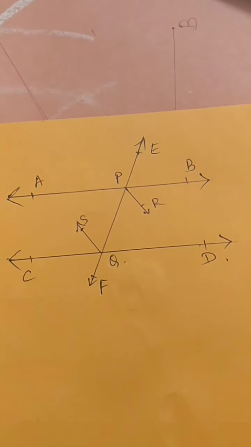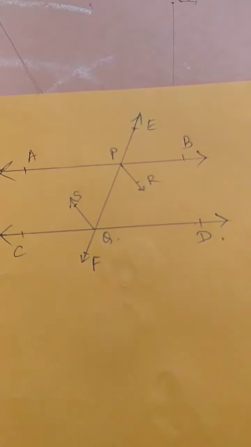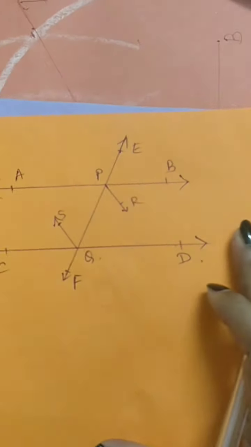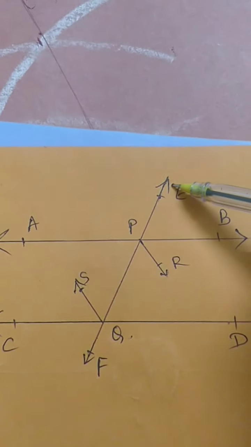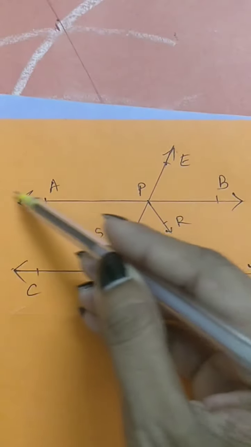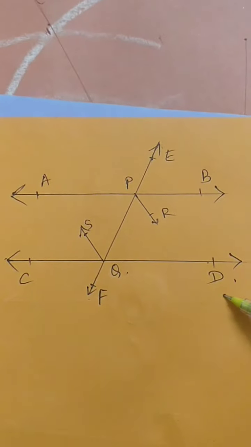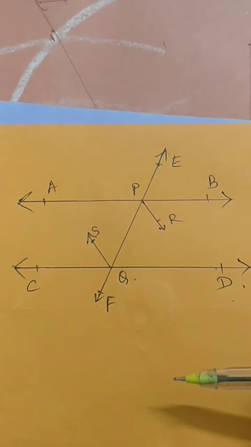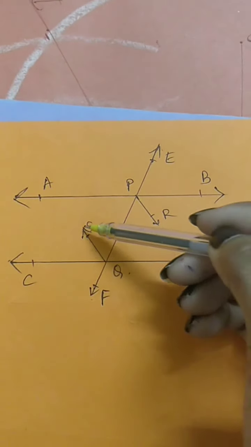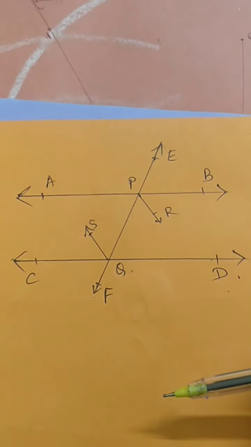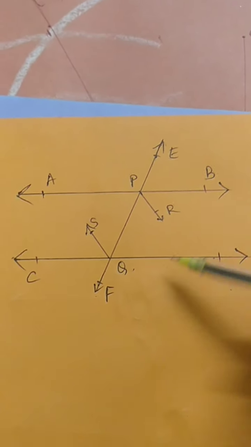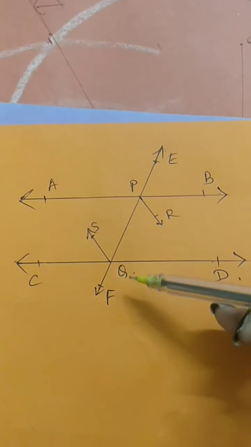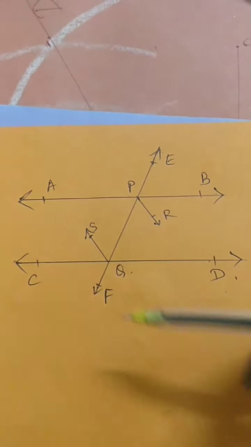Now this is our next problem and I'm going to read it. So a transversal EF, so here if you look here, this transversal EF is intersecting this line AB and CD at point P and Q respectively, and this ray PR and QS are parallel and they are the bisectors of angle BPQ and angle PQC respectively.